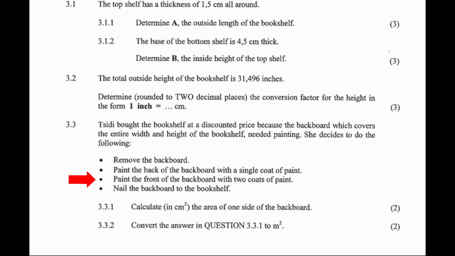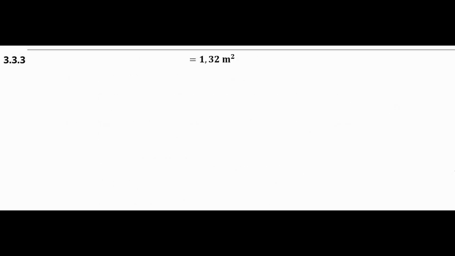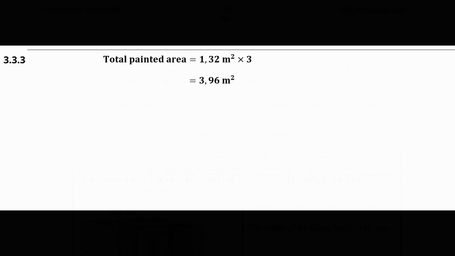This gives us a total of 3 coats. From question 3.3.2, the area of the backboard was calculated to be 1,32 square meters. So the total area to be painted is 1,32 square meters multiplied by 3, and this equals a total painted area of 3,96 square meters.